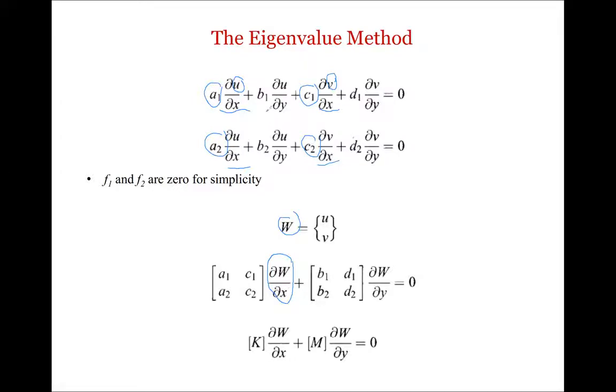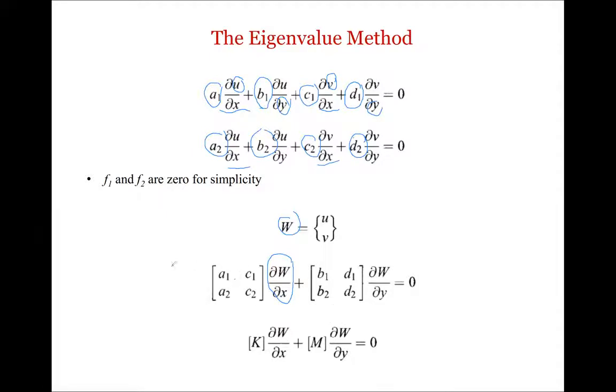Now in the second case, it's b1, d1, b2, d2. Its variables are u and v, so it must be changing with respect to W, and the derivative is with respect to y. So this is the full equation.